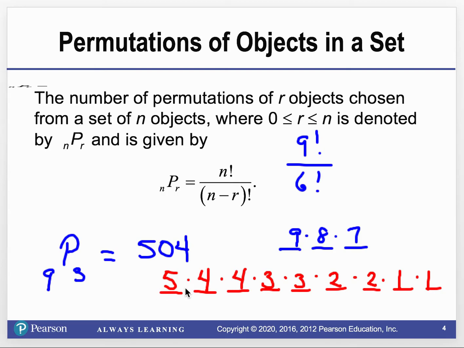So I would just punch this in my calculator: 5 times 4 times 4 times 3 times 3 times 2. It's not a permutation. Can't use my formula, but I can use the same process. Just like that first question where we asked how many outfits can we make? That's not a permutation.